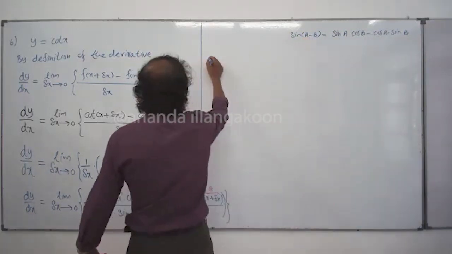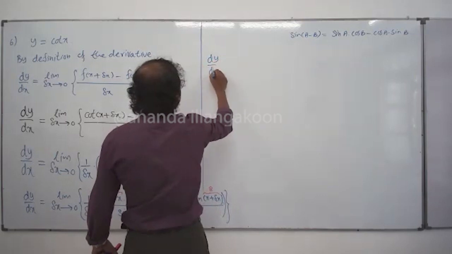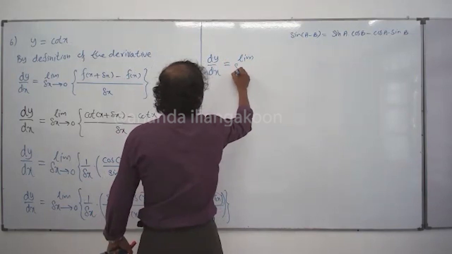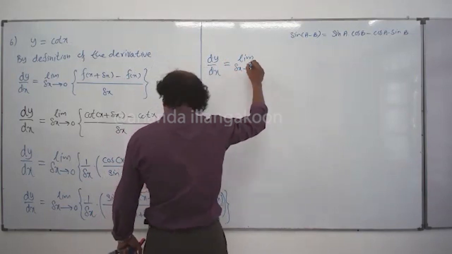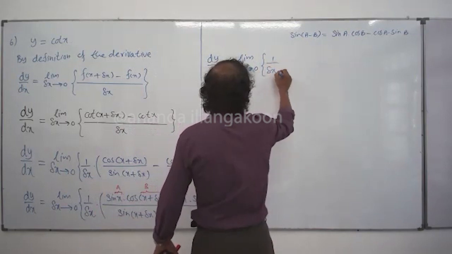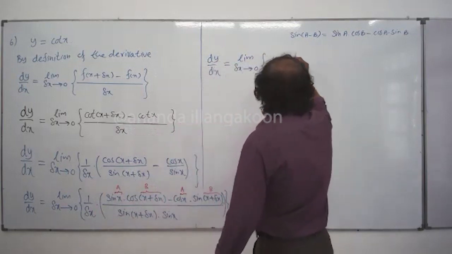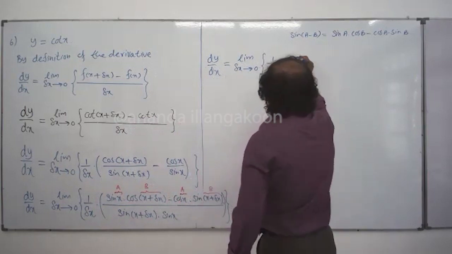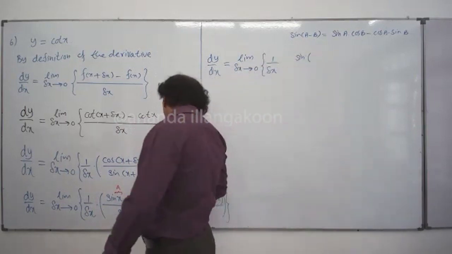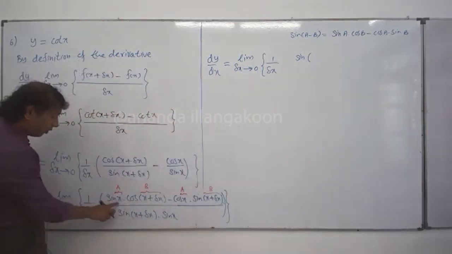And then I can write dy by dx equals limit delta x going to 0, 1 upon delta x. This numerator we can write as sine(A minus B). A is this, B is this.